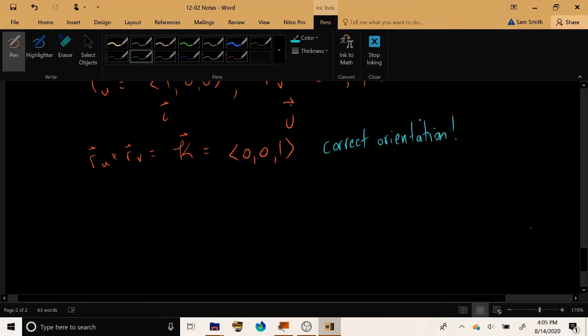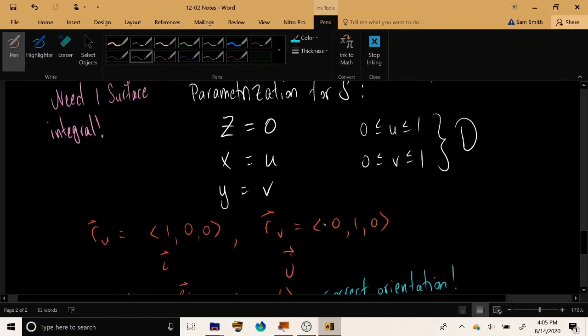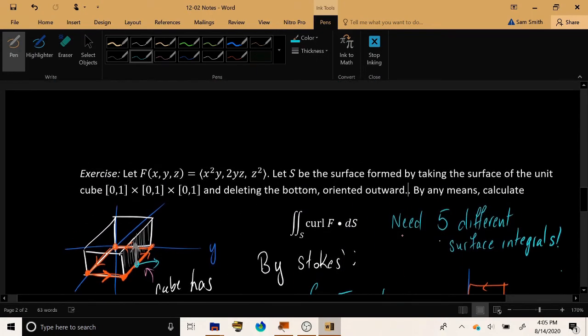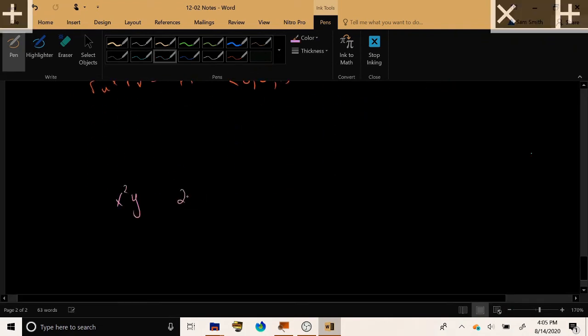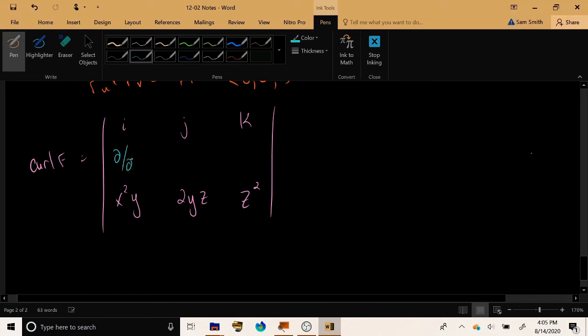Okay, so we have now found ru cross rv. Let's go ahead and find the curl of our vector field, which is x squared y, 2yz, and z squared. Calculating the curl, we have our partials, partial x, partial y, partial z.